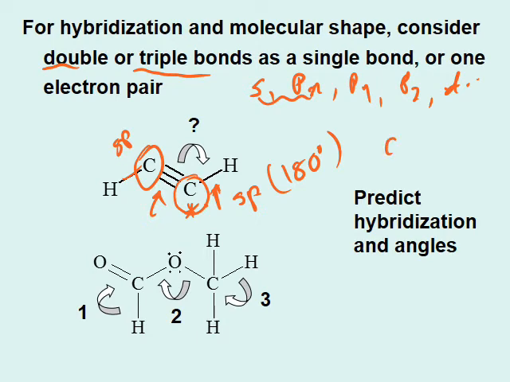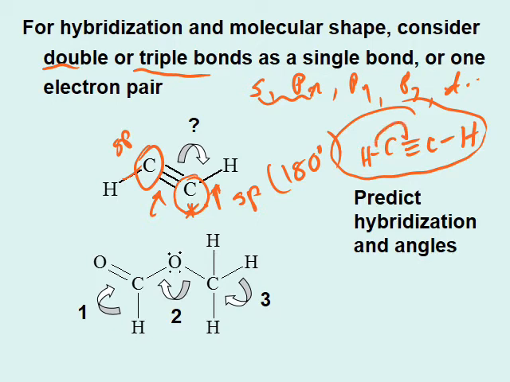You'd have something like this. This compound not only gives the right Lewis structure, it also gives the right shape, and these angles are 180 degrees. So we quickly figured that out based on hybridization.